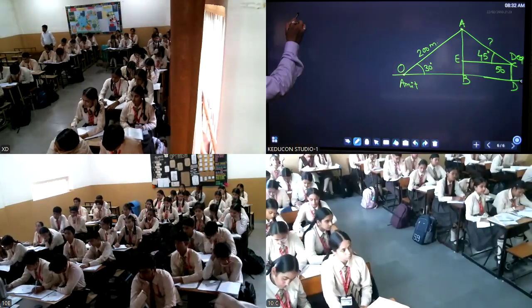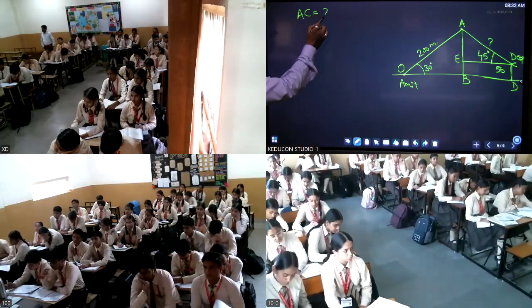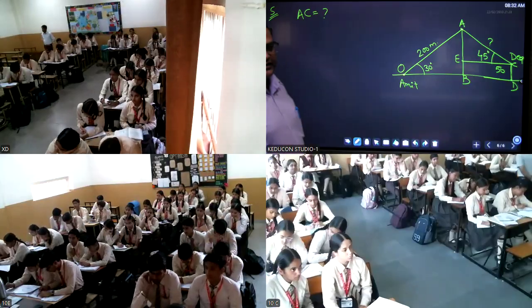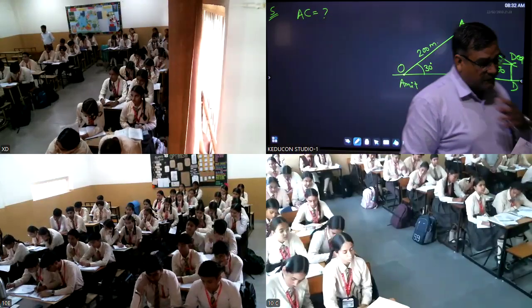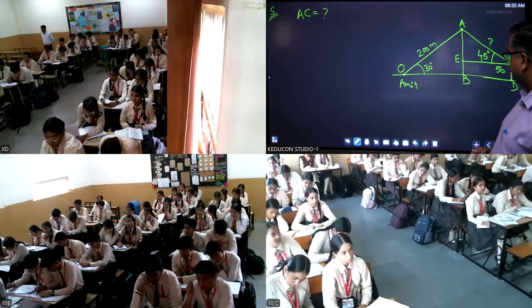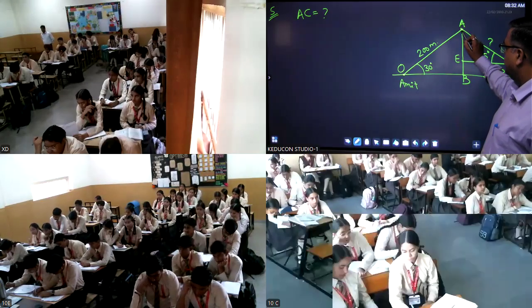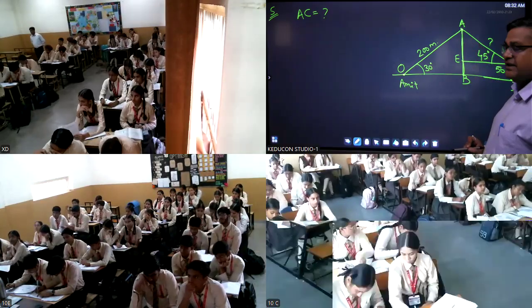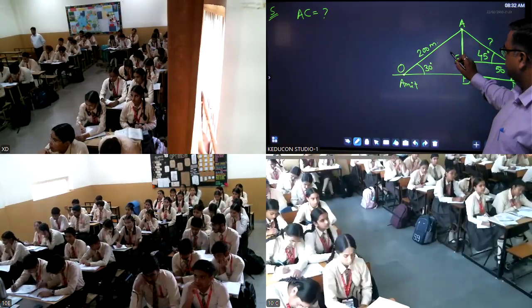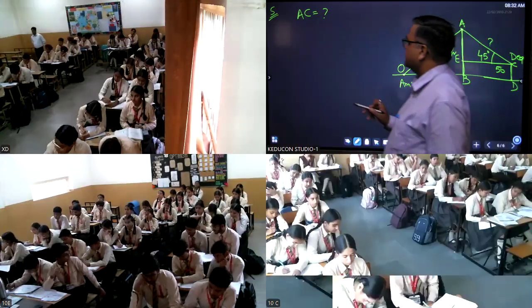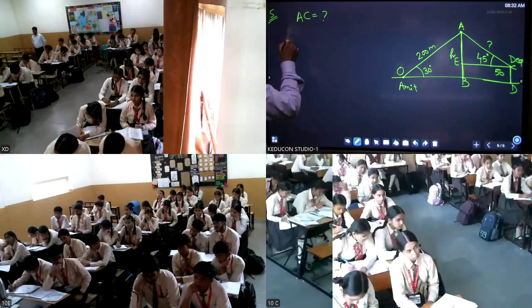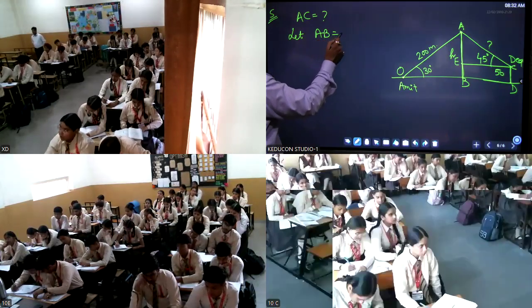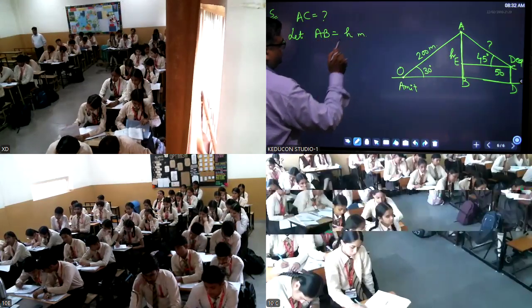तो आपको फाइंड क्या करना है बच्चों? Right? So now how will you do it? कैसे करेंगे बच्चों? Let's say this height AB is H meter.